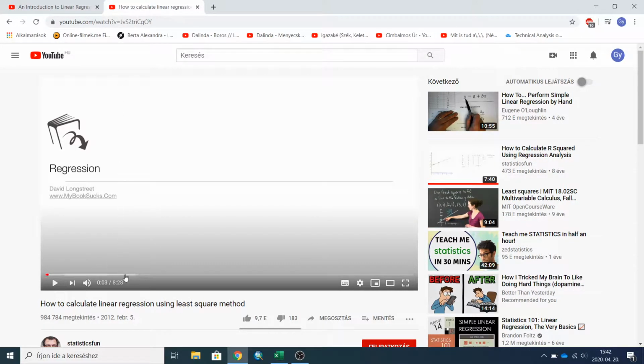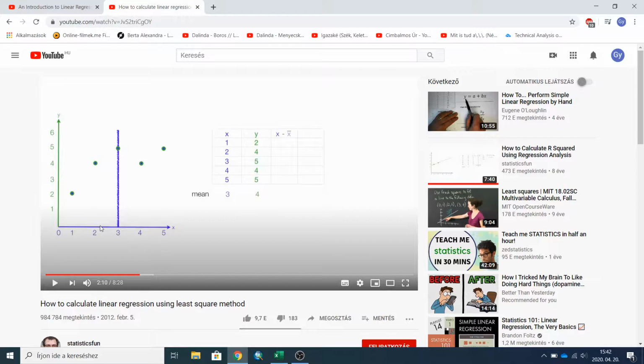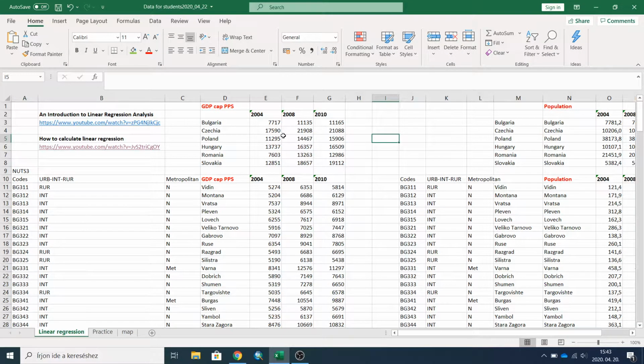The second link is also based on background mathematical analysis. This video shows how to calculate the mathematical equation of a linear regression model, in the one-way linear regression model with x and epsilon. So today we are just working with GDP per capita and population data.